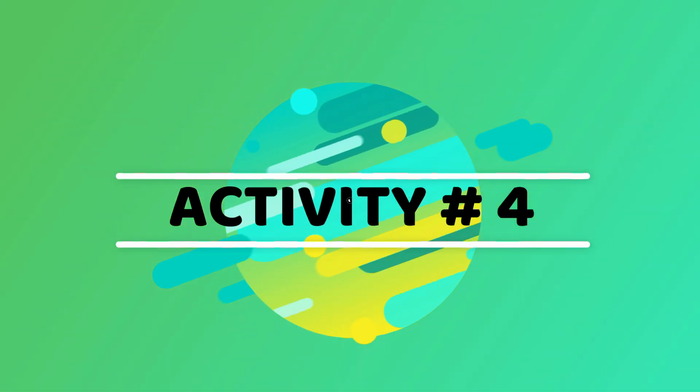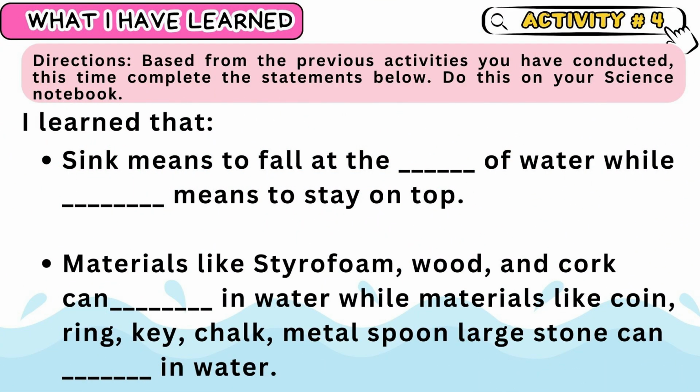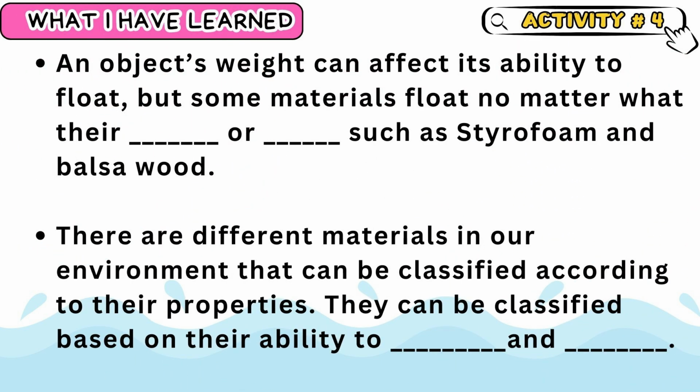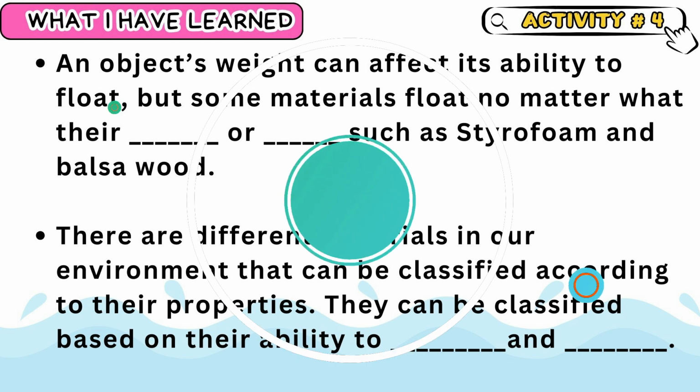Activity number 4. Based from the previous activities you have conducted, this time complete the statements below. Do this on your science notebook. Again, answers to the different activities will be provided at the end of this video lesson.